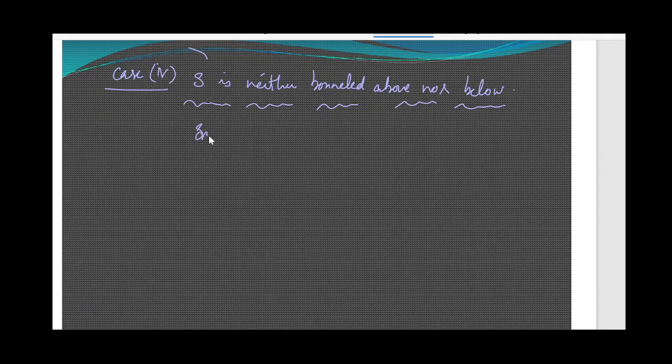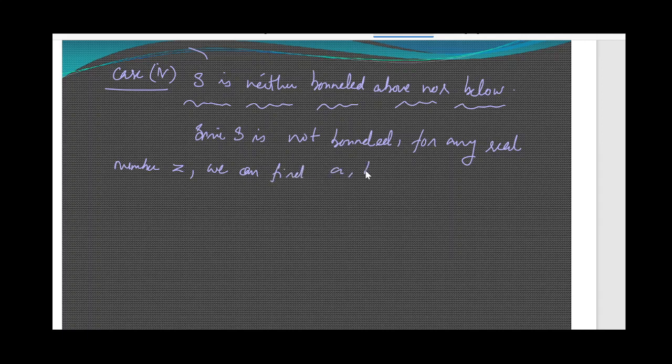Since S is not bounded above and below, for any real number z we can find x, y in S such that x is less than z less than y.